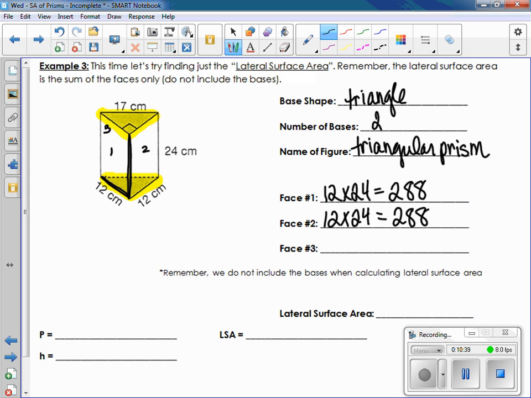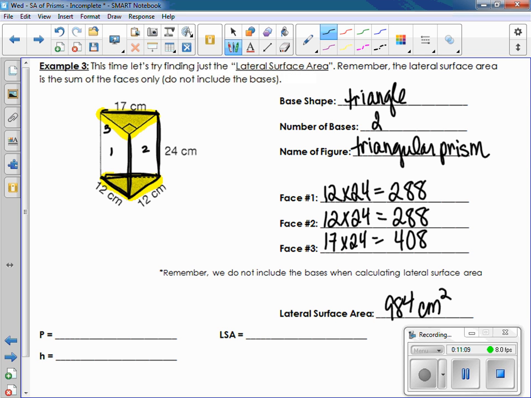Face number 3 is the one in the back, and that is 17 times 24, which is 408. So since we're doing lateral surface area, we are not including the bases, so we're just going to add all these numbers together, and it's 984 centimeters squared, and we're just going to double check this with our formula.